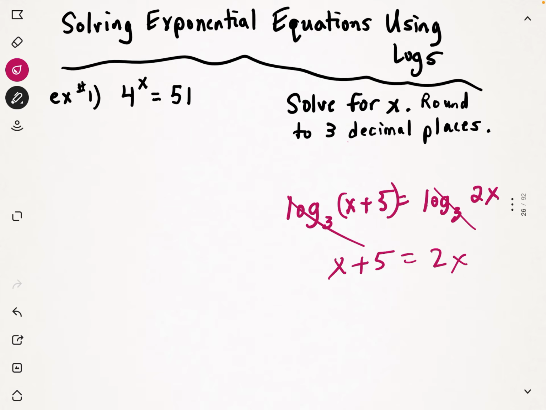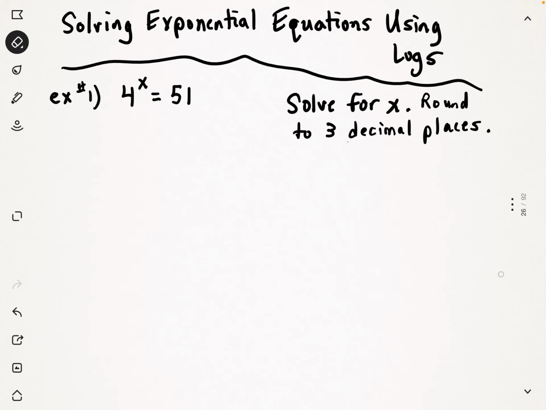Well, in this case, we're doing the same thing, but working in reverse. Instead of canceling the logs, we're going to put a log in front of each side. And if you do it to both sides of the equation, then the equation will remain balanced.